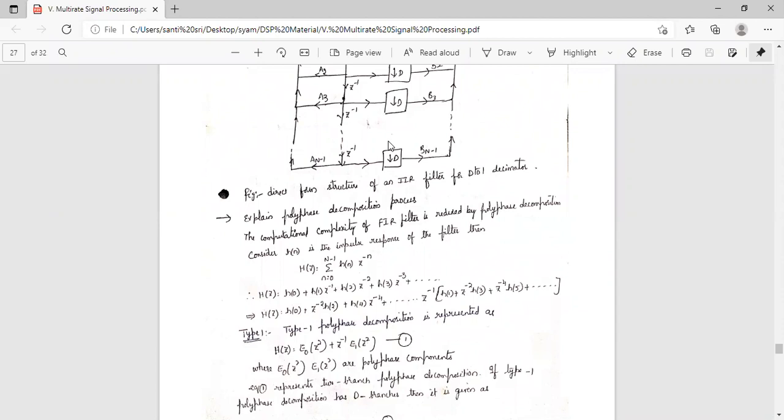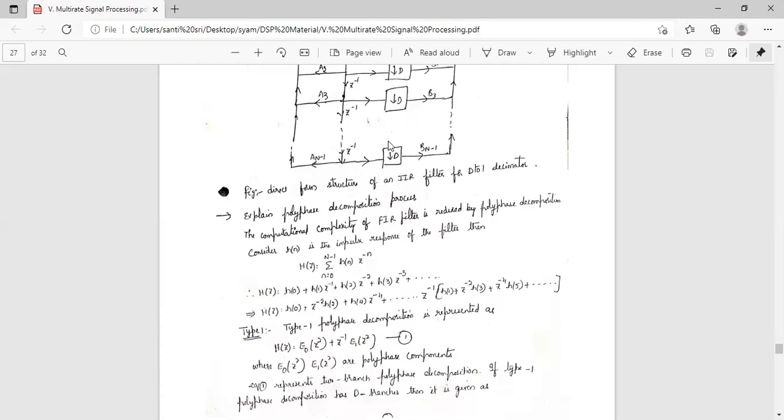So I'll write H of Z in terms of even terms and odd terms, like that: h of 0 plus h of 2 into Z power minus 2, plus Z power minus 1 into h of 1 plus Z power minus 3 into h of 3, like that.